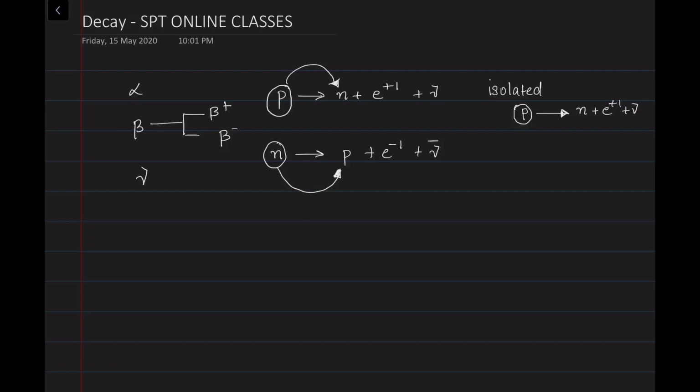This will never happen if you are taking an isolated proton. So when will this conversion happen? This can happen only in an unstabilized nucleus. The proton conversion to neutron can happen only in an unstabilized nucleus.